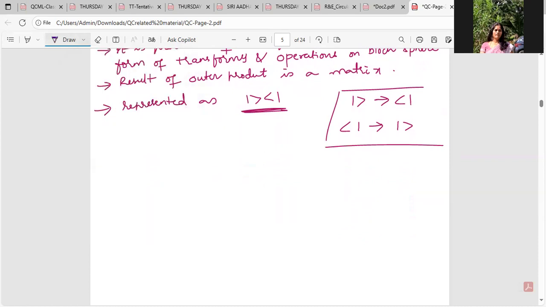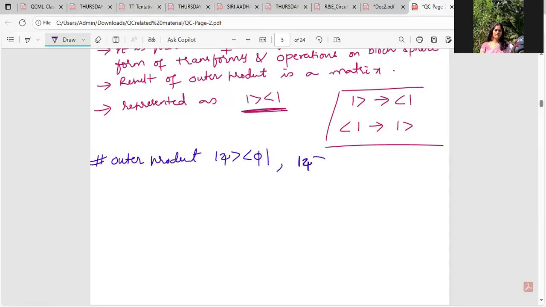Okay, suppose I'm going with the outer product for the same vectors only. I can find out the outer product of ket xi and ket phi. What are ket xi and ket phi?